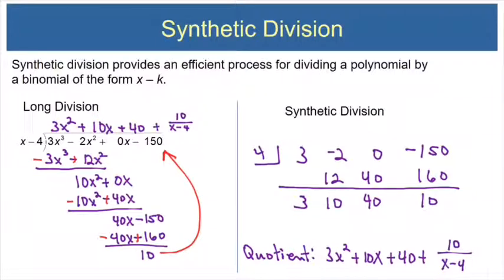And it also would not work if you needed to divide by anything that's not a binomial. So it wouldn't work if you needed to divide by a trinomial, for example, and you'd have to go back to this. But for what we're going to do in this course, we will always be able to use synthetic division. So you will not be required to reproduce this long division process, but I did want you to see it again just so you could see what synthetic division is doing for us.